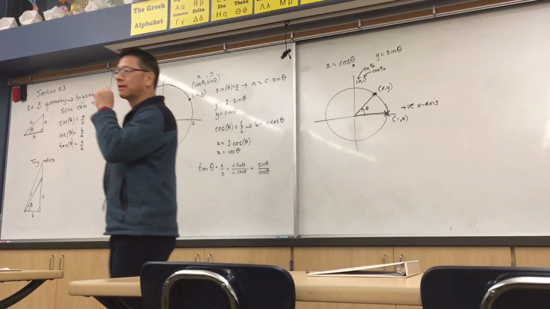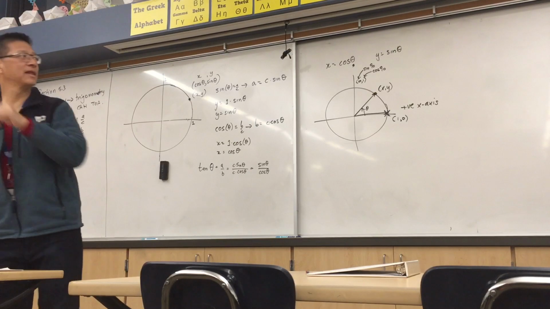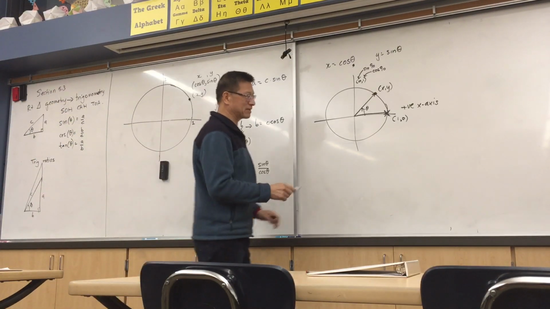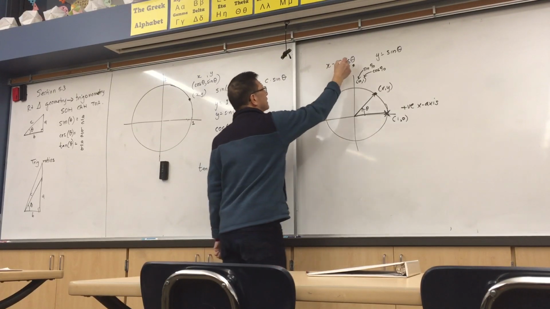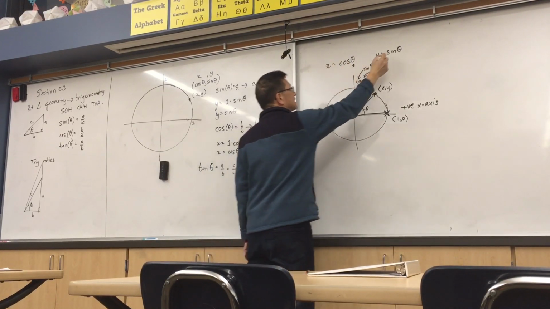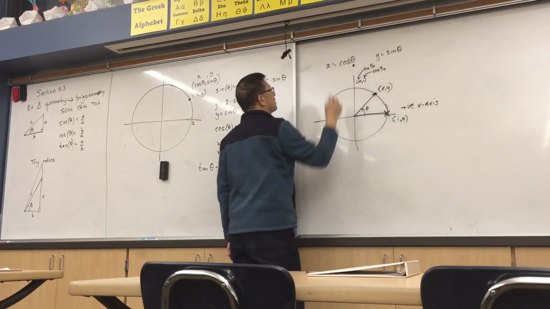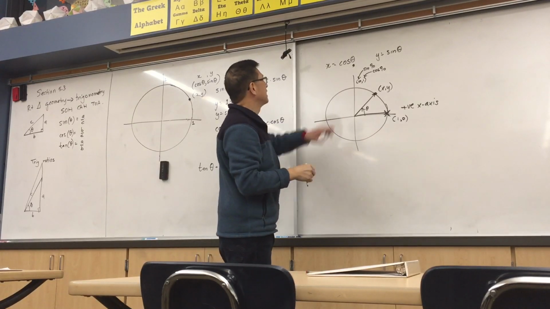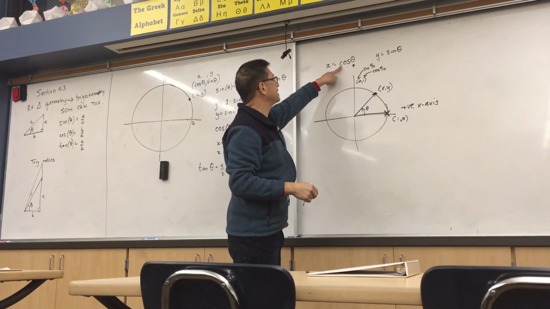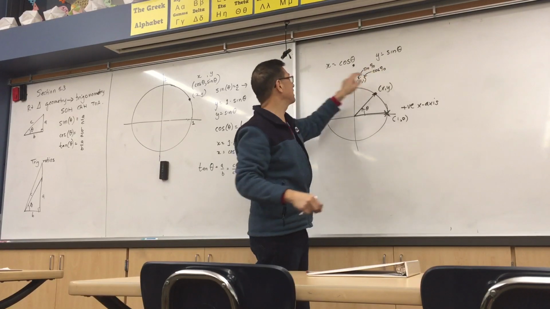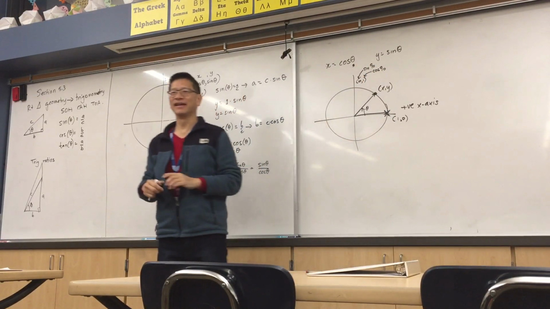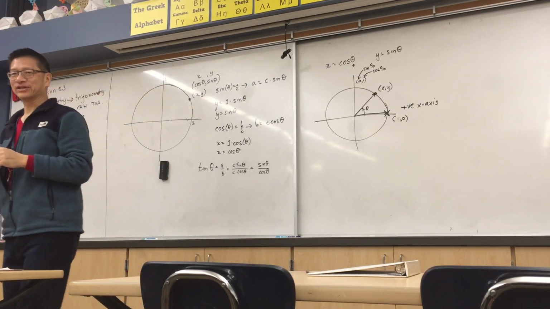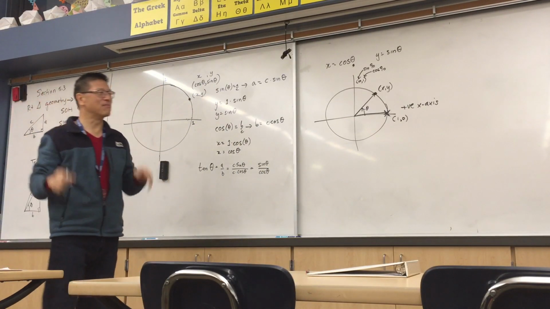Yes. Cosine the x value and sine the y. And sidebar, okay? Cosine is related to the x, sine is related to the y, and the way to remember that is that C comes before S in the alphabet, and so does X come before Y. It's like a little mnemonic.